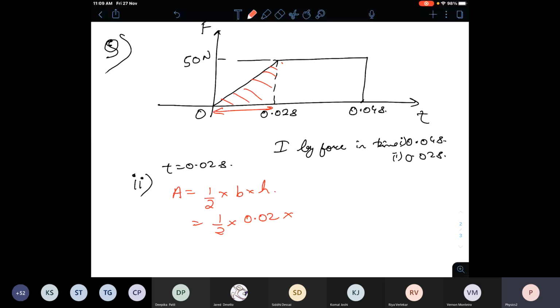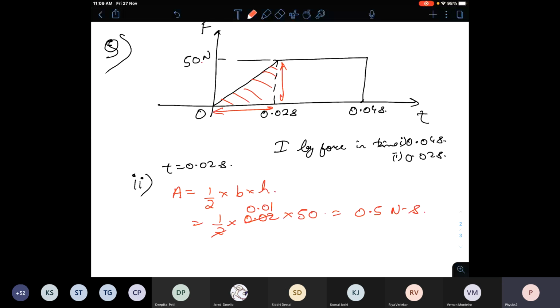So half into 0.02 into 50 comes out to be 0.5 Newton second. So this is the impulse. An impulse of 0.5 Newton second is being applied in this situation.